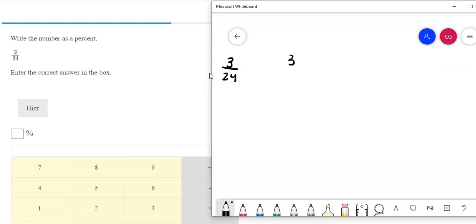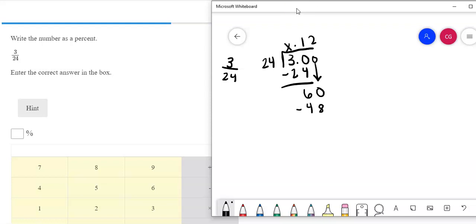So 3 divided by 24. 24 does not go into 3, so I'm going to add a decimal and a 0. 24 goes into 31 times. 30 minus 24 is 6. Add a 0, drop it down. 24 goes into 60 twice, because that is 48. 60 minus 48 is 12.